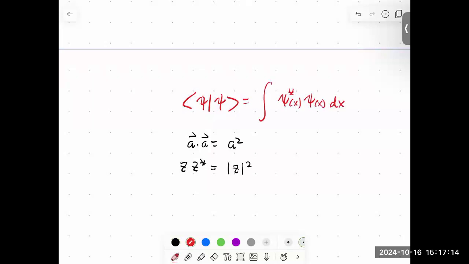Okay, so that's why if you want this thing to be dimensionless, what are the units of your wave function? What are the units of dx? Meters, okay? So then what does this product have to have for units? 1 over meters. So that means each of these has units of square root of meters, right?